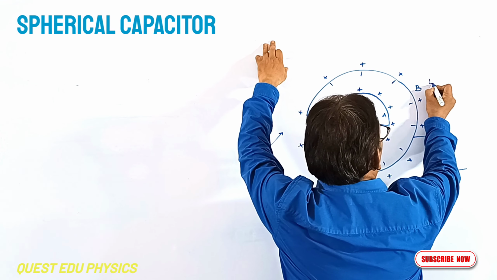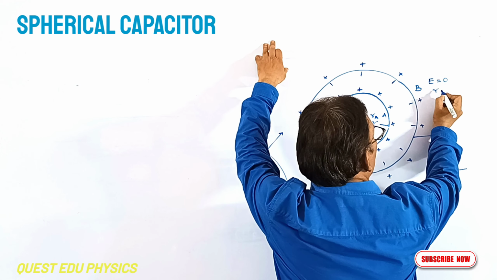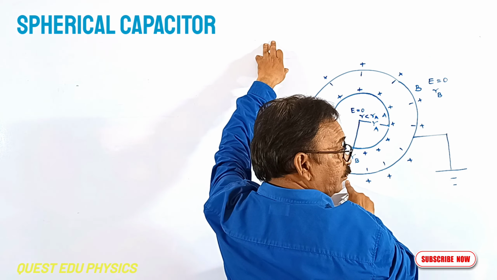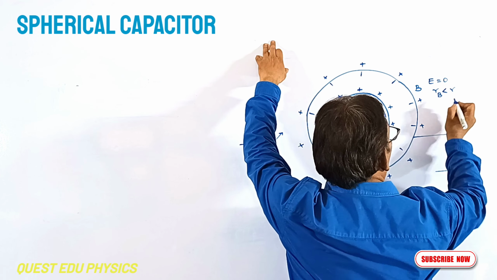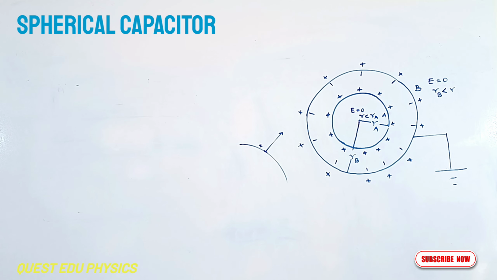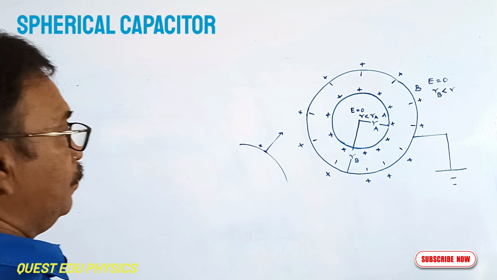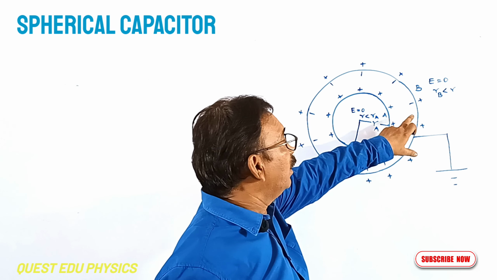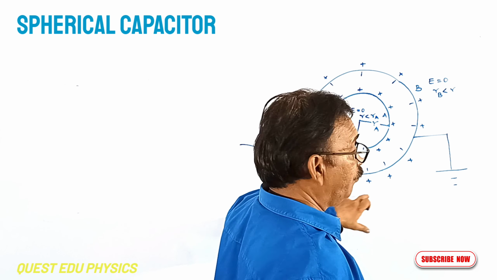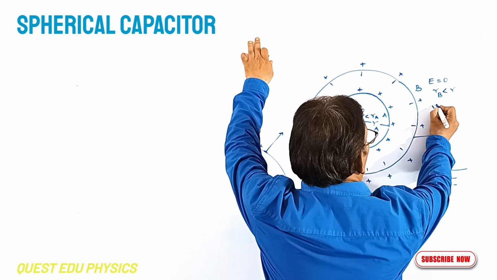Here also, E is equal to 0, since RB, the radius of this one, is less than R. That means the potential due to this positive part is equal to 0.